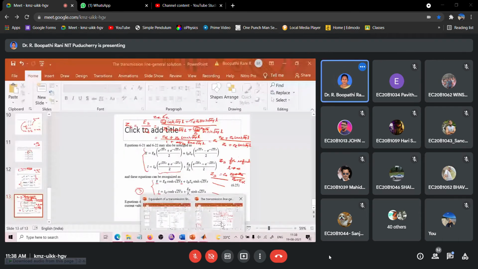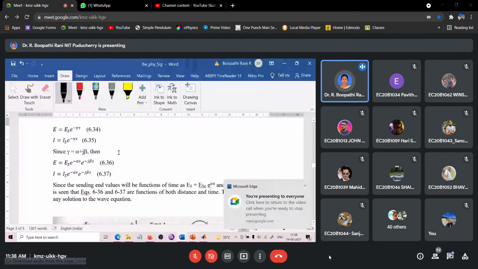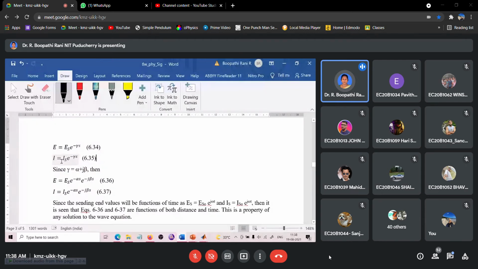See, in terms of receiving end voltage and current, we have written. The same E and I, if we write in terms of sending end voltage and current, the expression will be like this. In both ways, if we draw the graph of the magnitude of E and magnitude of I with respect to S, it will be like this.